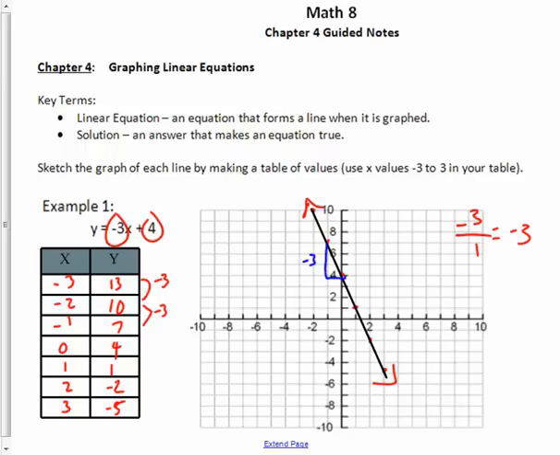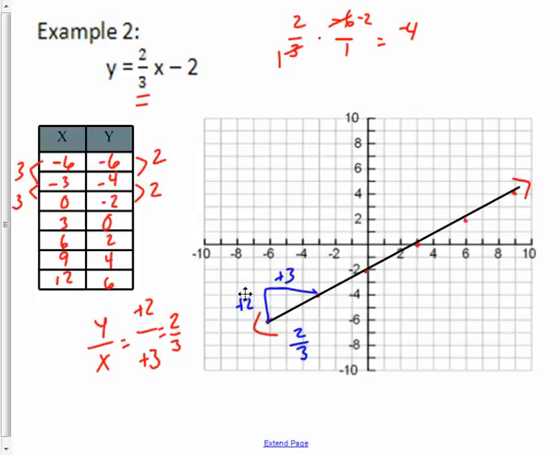So that's a -3, +1. So there's your -3 over 1, which we wrote right over here as well. And again, it crossed at +4, and this was a +4. Here it's a -2, so it's going at -2, and it is increasing from left to right.